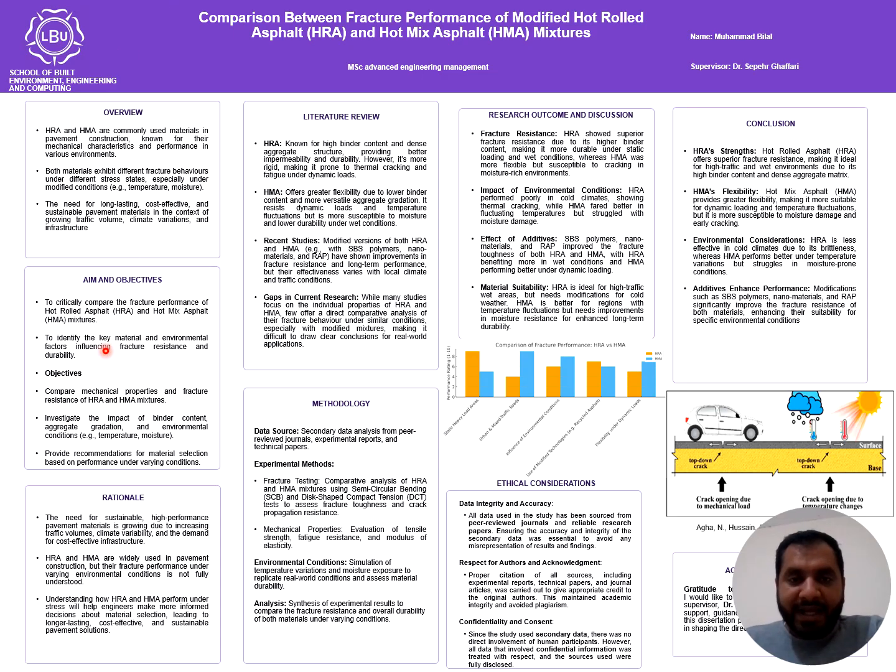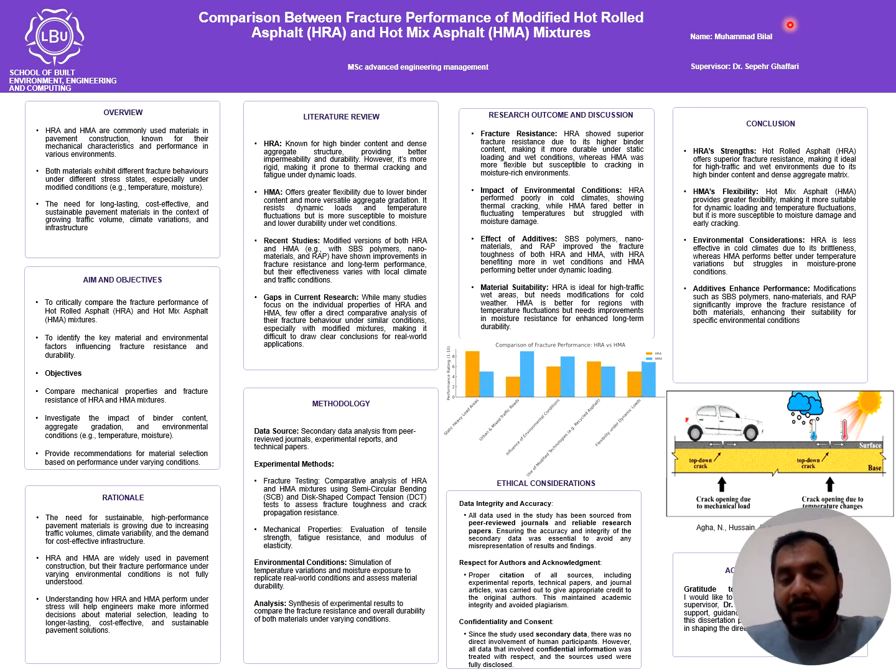Moving on to the aims and objectives. Aims: to critically compare the fracture performance of hot rolled asphalt and hot mix asphalt mixtures to identify the key material and environmental factors influencing fracture resistance and durability.